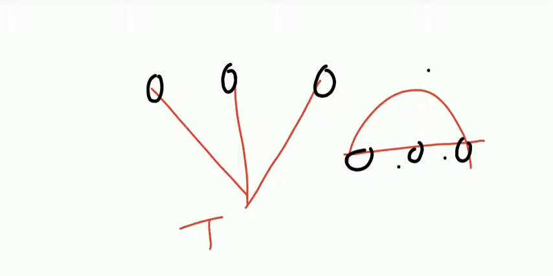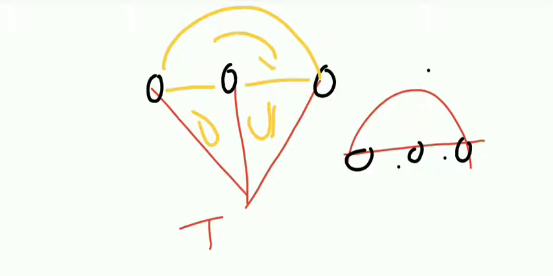If you add link between any two nodes, it will form a loop. You see now it has formed a loop. Similarly, if you add one link between these two nodes, this is one loop. This is another loop. Similarly, if you add one link between two nodes, it will form another loop. That is closed path. Right? This loop is known as fundamental loop.